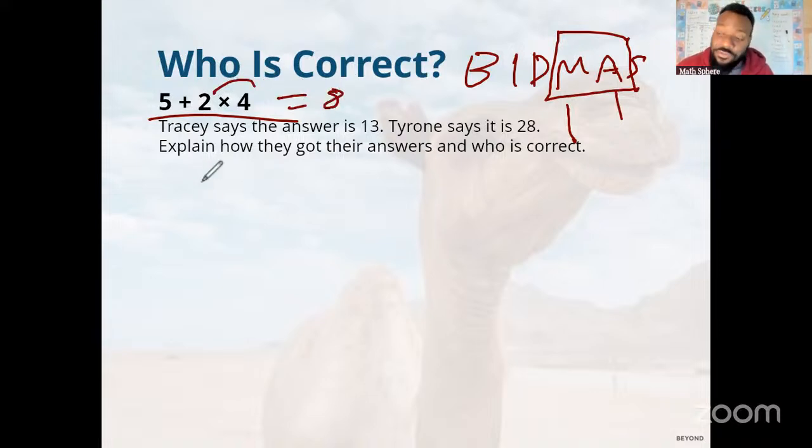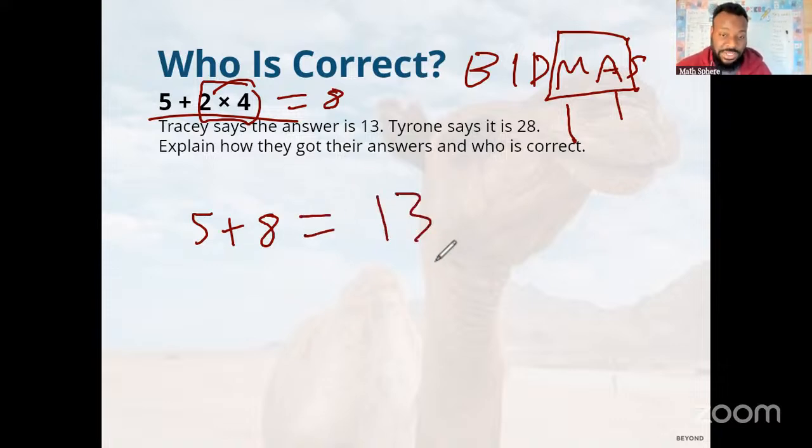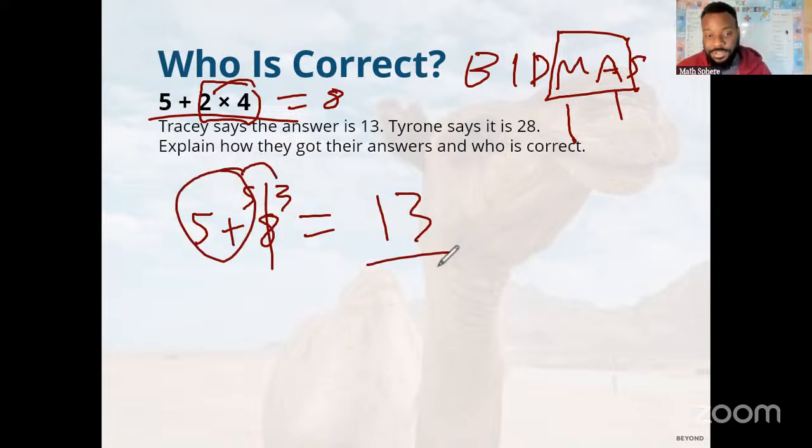Now we can rewrite this, because this essentially means the same as 8. We can say 5 plus 8. And then we're going to get 13. Because if we do our partition, 5 and 3 makes 8, we know 5 and 5 is 10, and a 3, 13. So we know Tracy got the answer right.